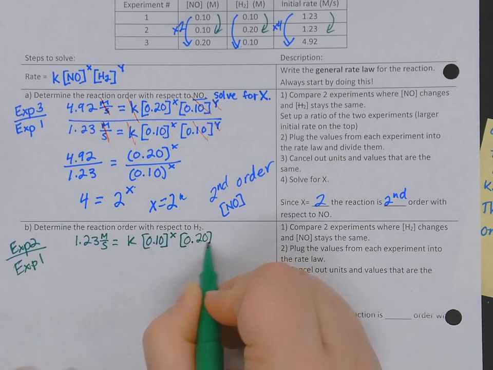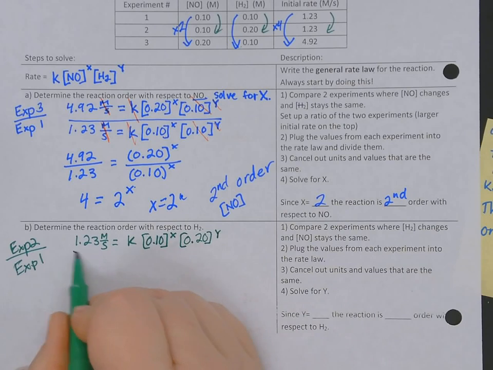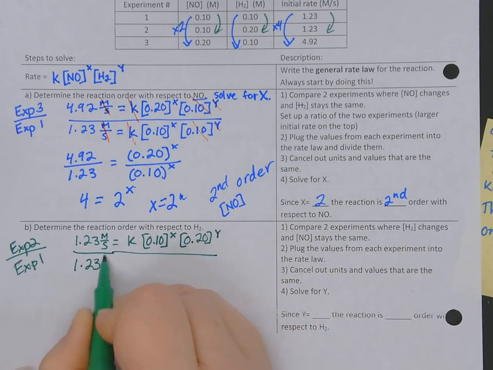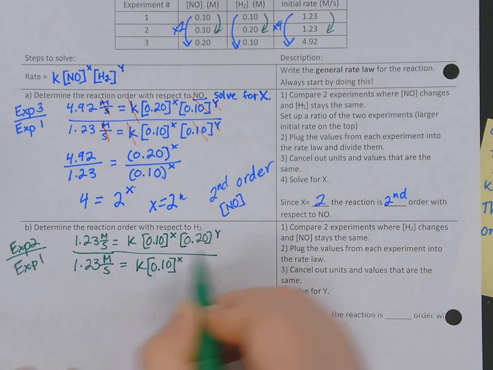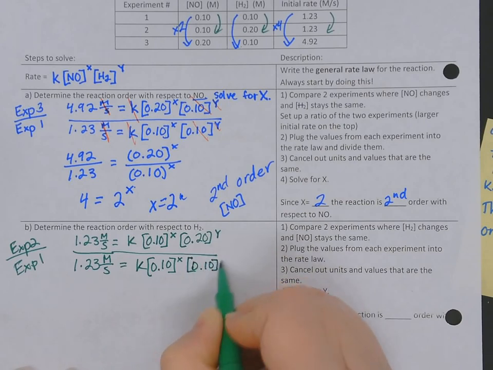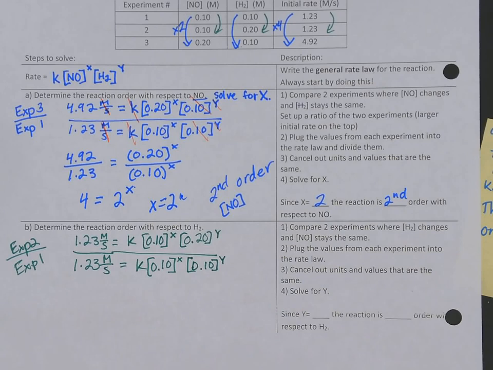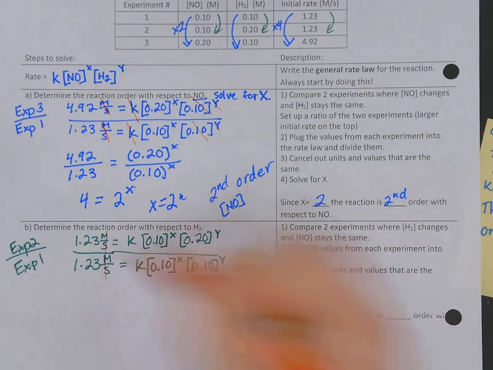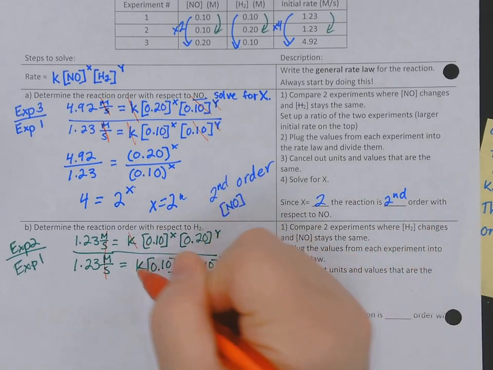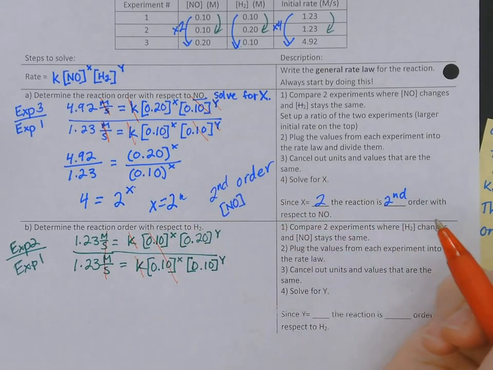And this is 0.20 to the Y. We're going to divide by our experiment 1. It has the same rate. Rate equals K, same concentration for NO, and this one is 0.10 to the Y. So again, this is where we get to cancel everything. So we can cancel our units, we can cancel K, we can cancel this.